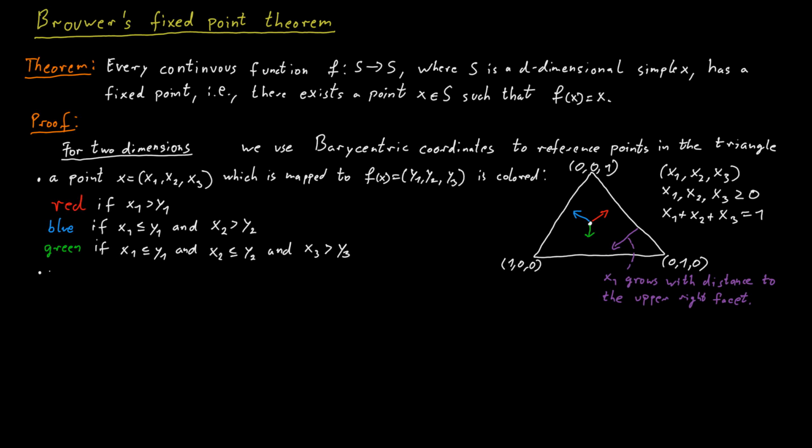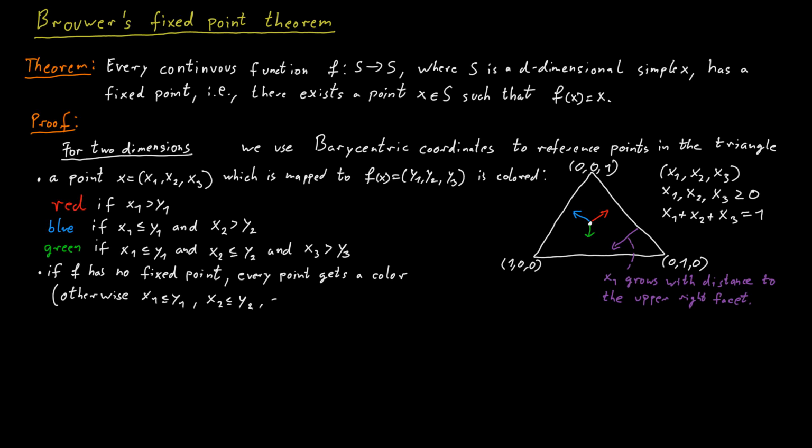And now, if the function f does not have a fixed point, once again, every point in the triangle actually gets a color when we apply these rules. You can convince yourself of this very quickly. So if this is not the case, then it must be that x1 is less or equal y1, otherwise it would be red. x2 must be less or equal y2, otherwise we would color it blue.